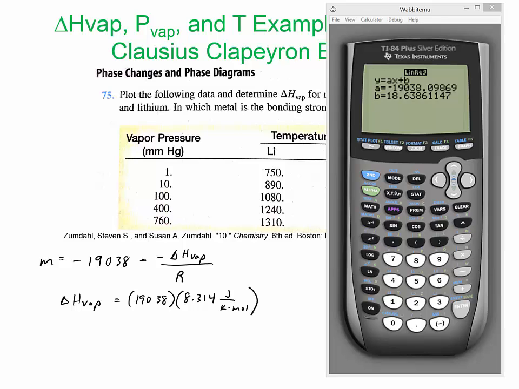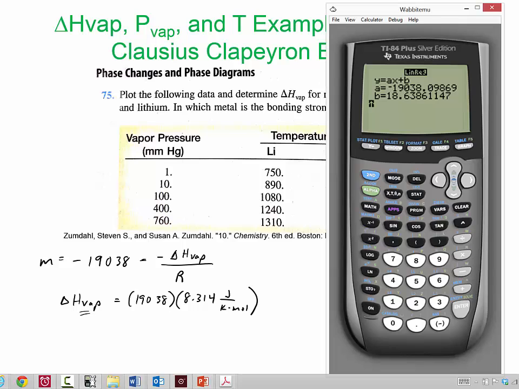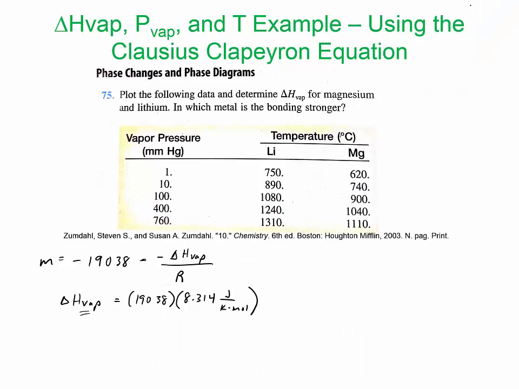I believe the unit for slope ends up being Kelvin. I'm not quite sure, to be honest, but I do know my units for enthalpy of vaporization should be joules per mole. So let's go ahead and type this in: 19,038 times 8.314. Okay, and I'm going to convert this to kilojoules, so I get 158 kilojoules. So this equals 158 kilojoules per mole for lithium.